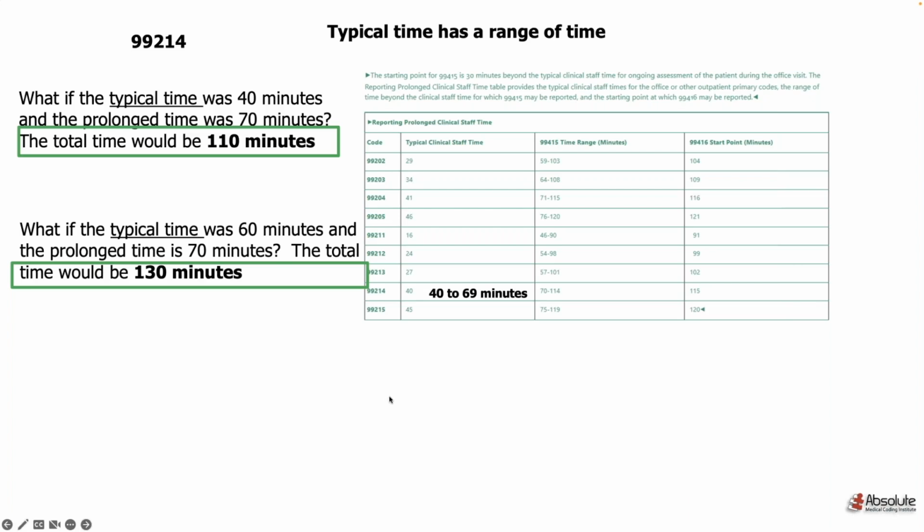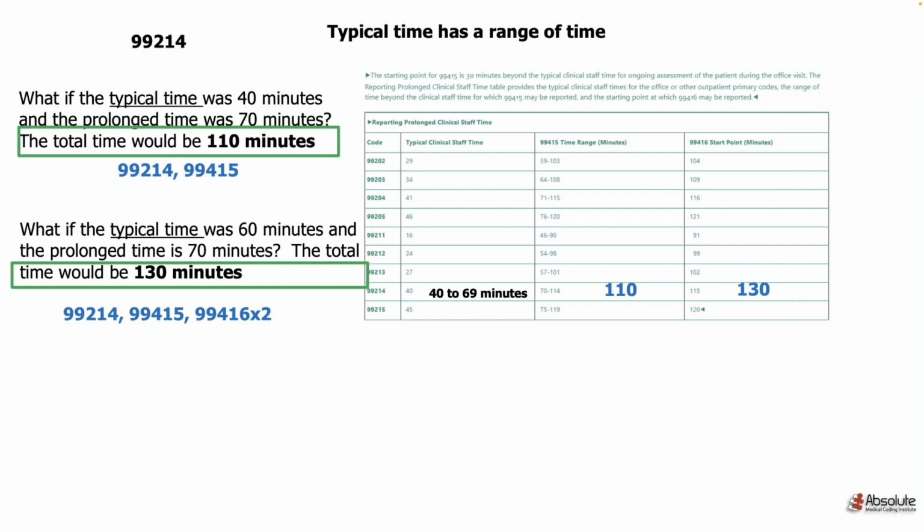So look at my two examples. The top one is 110 minutes. The code would be 99415 in addition to 99214. The bottom scenario is 130 minutes, and their prolonged time would be coded 99214, 99415, 99416 times 2.